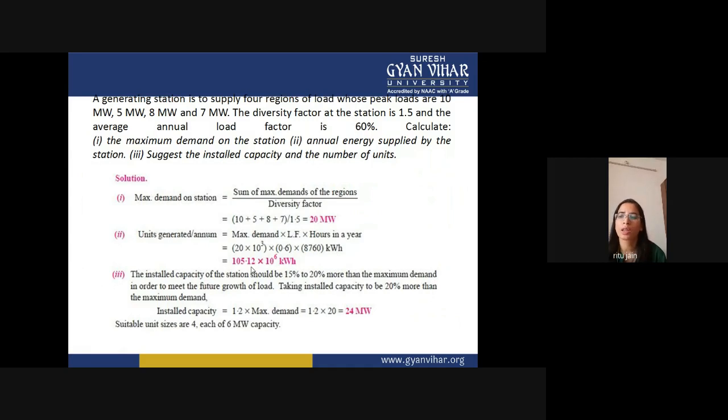Taking installed capacity to be 20% more than the maximum demand, the installed capacity equals 1.2 into maximum demand. So you will get 24 megawatt, while the maximum demand is 20 megawatt. So suitable unit sizes are 4 units, each of 6 megawatt capacity.